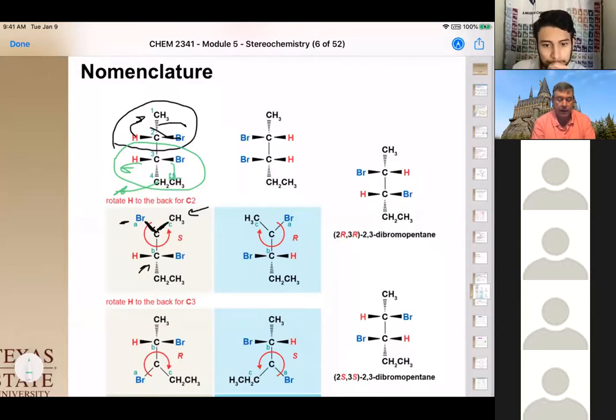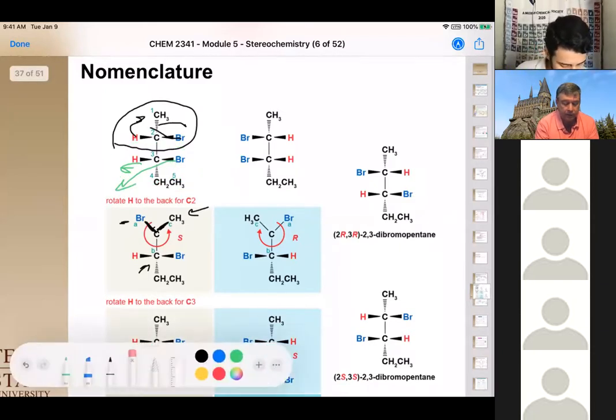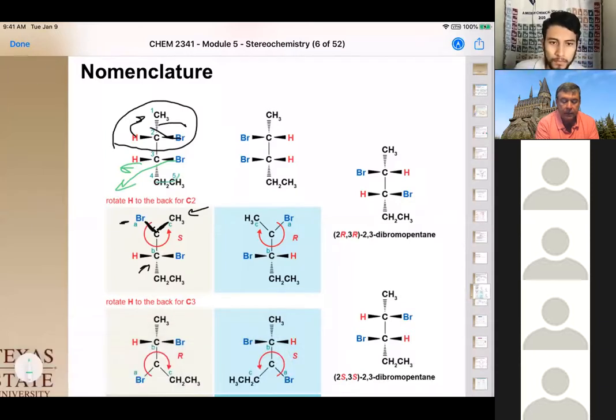Actually, no, I'm sorry. The bromine is going to rotate over here because it's already in front. And then the ethyl group is going to rotate here. So the bromine is going to go over here, the hydrogen's going in the back, and the ethyl group's up. So we're going to end up with our bromine here and our ethyl group here.